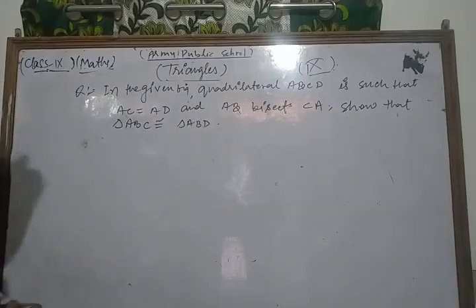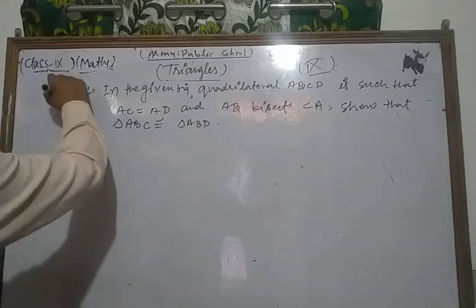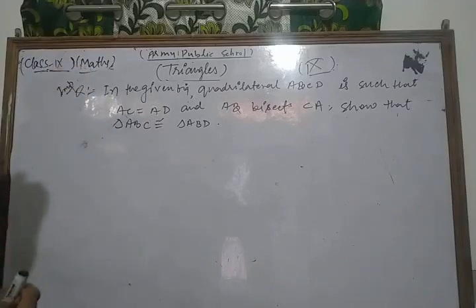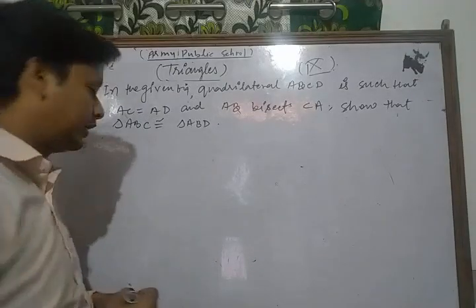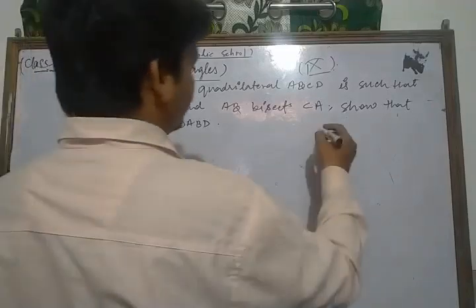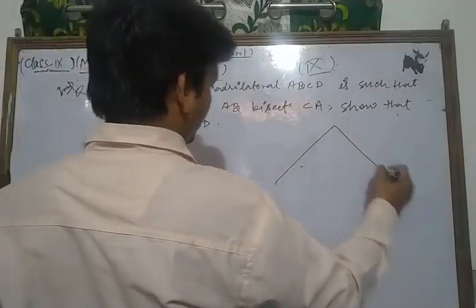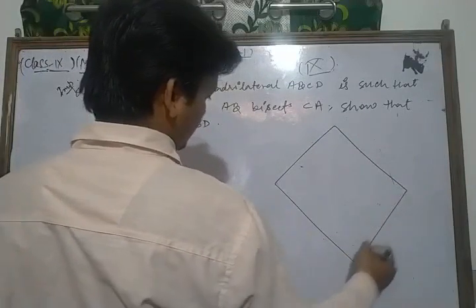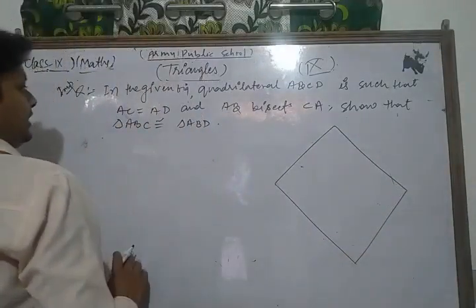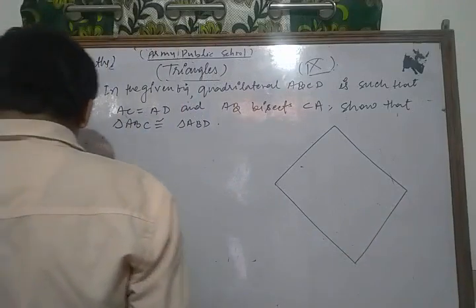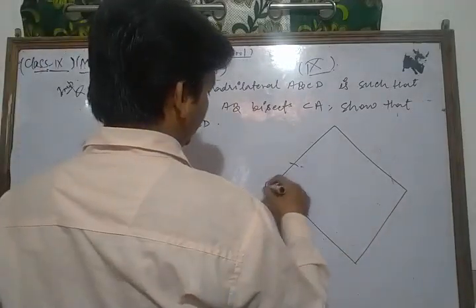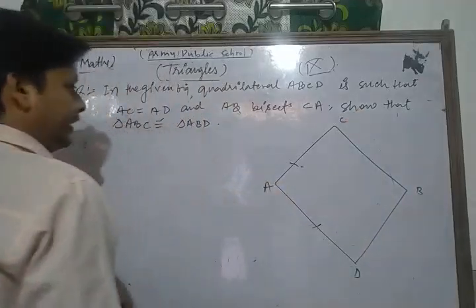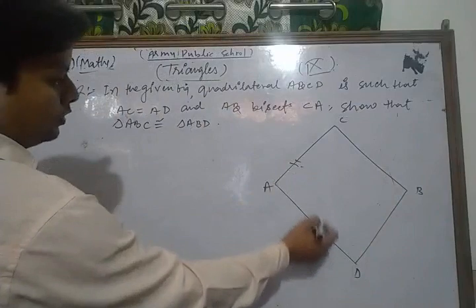This is also a very important question of your NCERT book. In the given figure, a quadrilateral ABCD is there, such that AC is equal to AD, meaning that side is equal to that side.